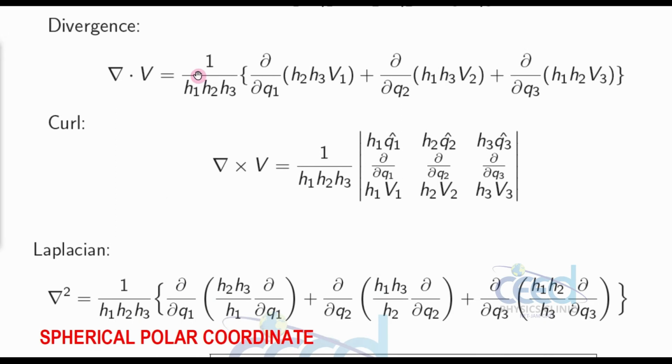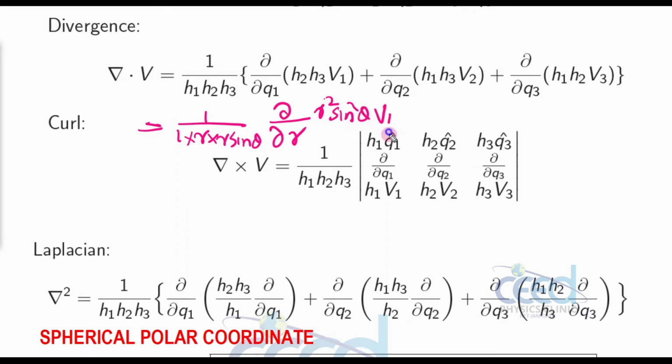Okay, so here h1, h2, h3 you can substitute. So let us have a substitution here. In spherical polar coordinates, what is h1? That is 1, and h3 is r sin theta. What is q1? dou by dou r of h2, h3, that is r into r sin theta, that is r square sin theta, into v1.